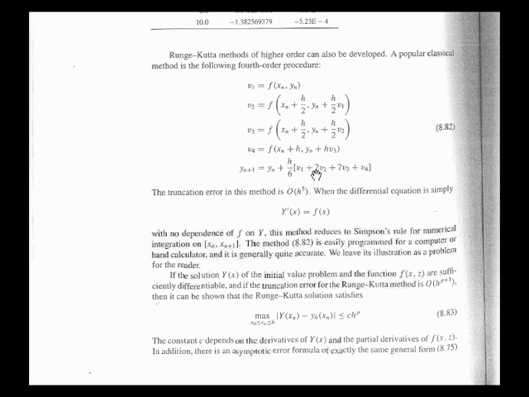Notice these weights look familiar, 1/6, 2/6, 2/6, 1/6 of the derivative of the function at the left point, right point, and 1/3 and 2/3. So it basically reduces to Simpson's rule when f is a function of x only. When it's not, it's not so obvious, but it's not surprising that it's order h to the fourth, because Simpson's rule is global order h to the fourth. But it's easy to program.